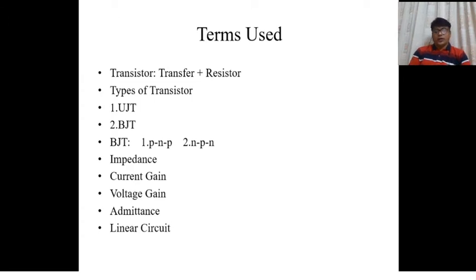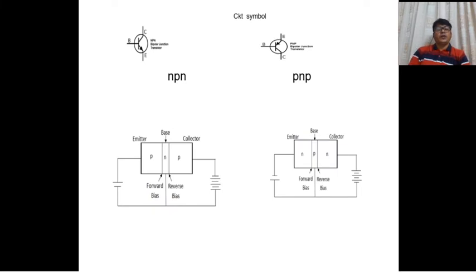So how are these PNP and NPN transistors constructed, and what are the circuit symbols for NPN and PNP transistors, as shown here. This is the circuit symbol for an NPN transistor, and this one is for a PNP transistor. A transistor has three sections. Section 1 is called the emitter, then the base and the collector.